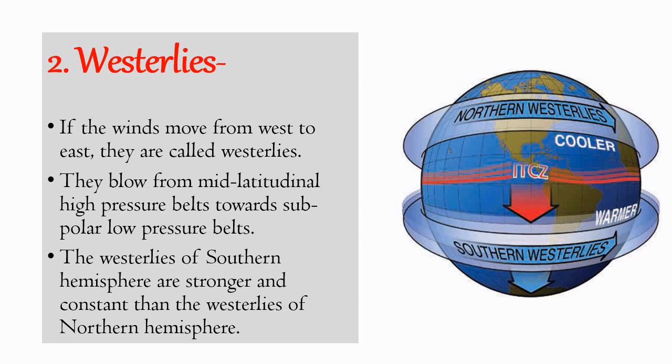Their original direction changes due to the rotation of the earth. In the southern hemisphere, these winds blow from the northwest to the southeast, and in the northern hemisphere, they blow from the southwest to the northeast. These winds are called westerlies. The westerlies of the southern hemisphere are stronger and more constant than the westerlies of the northern hemisphere.